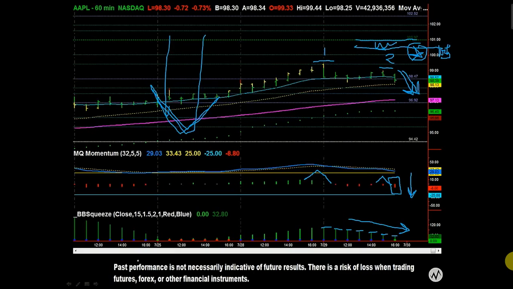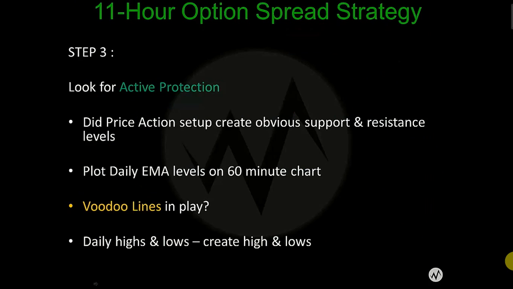Now, what we're doing when we have the direction, we want to look to put our short strike where we have active protection. Okay, did the price action set up an obvious support and resistance level? Is there a daily EMA maybe we've crossed on the 60-minute chart? Voodoo lines. Are voodoo lines in play? Do they help? I'll show you what voodoo lines are.